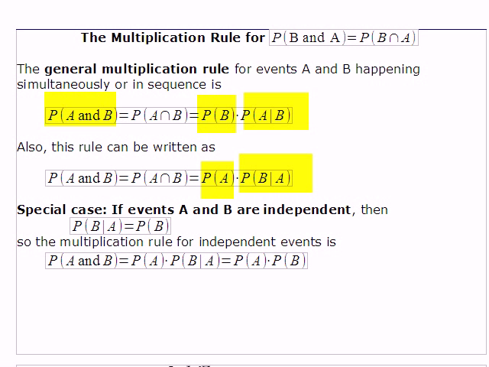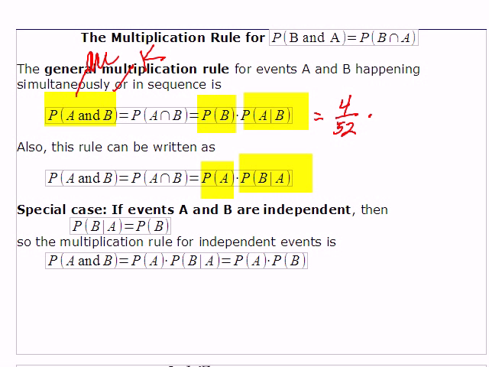So in a sense, you sort of act out the experiment. For example, let's say we're looking at the events where A is drawing an ace and B is drawing a king. To compute the probability of drawing an ace and a king, I compute the probability of drawing the king, which I know there's 4 kings in a deck of 52 cards.